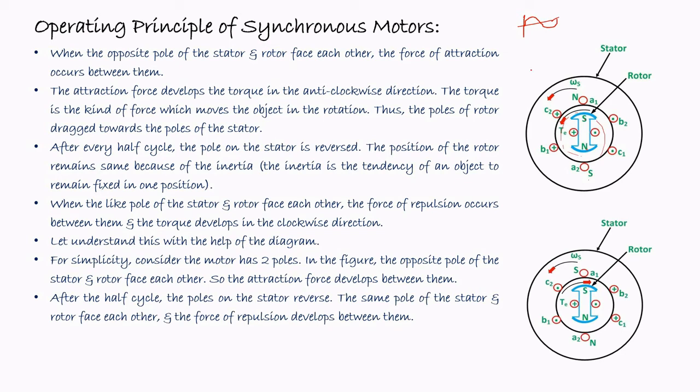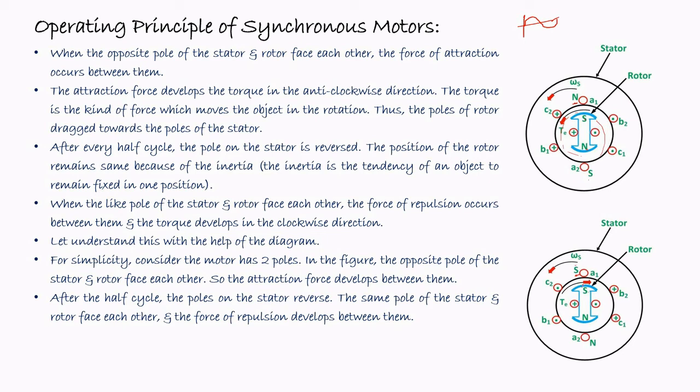Because the polarity of the magnetic field in the stator changes sinusoidally, after half cycle the pole in the stator will now change to south pole. Previously it was the north pole, now it will change to the south pole. And the rotor south pole is also there, so there will be a repulsive force, and similarly here.